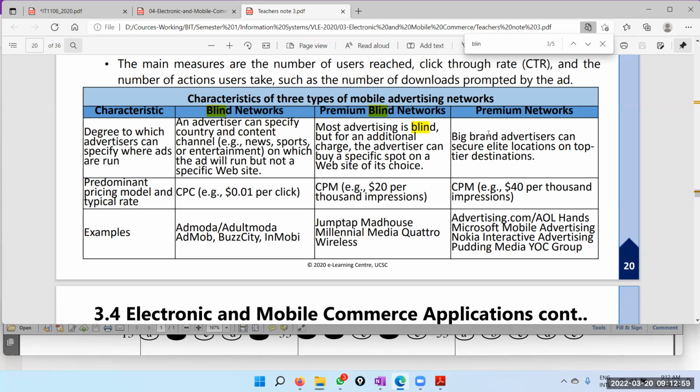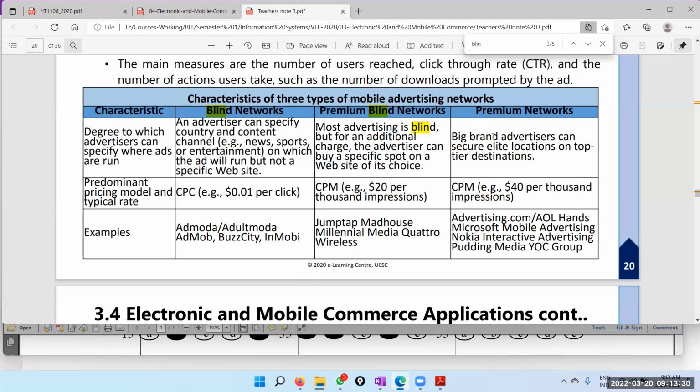So we can give that kind of suggestions, but it's not 100% our control. So that is called blind network. So premium blind network means, let's go to the premium network. In premium network, we are giving the advertisement to our advertising firm like Google AdSense, but we can say we want this to be displayed in Daily Mirror site. Because Daily Mirror has their Google AdSense, right?